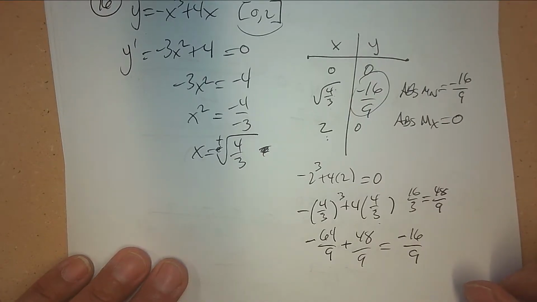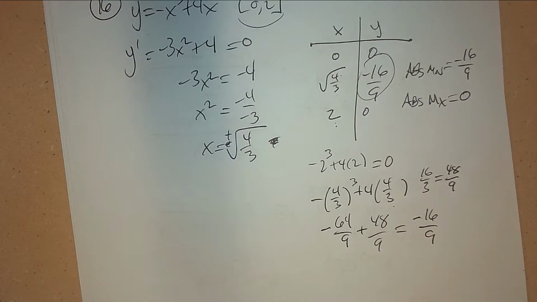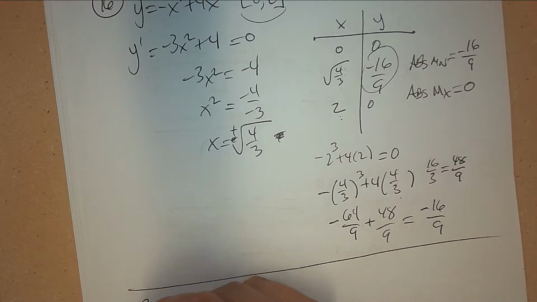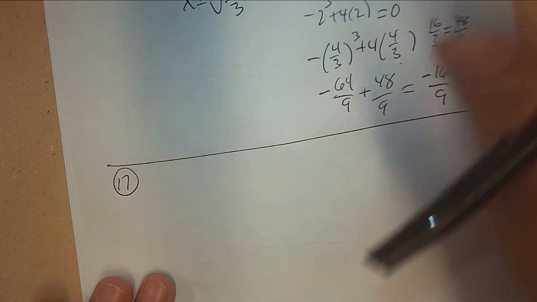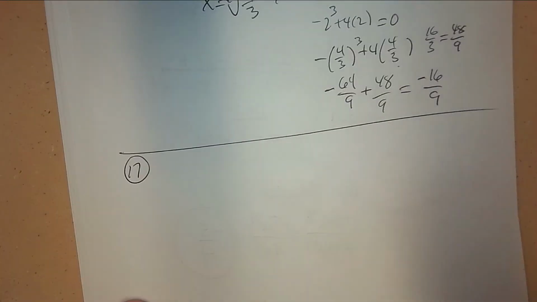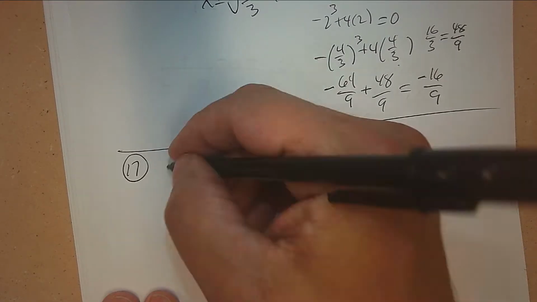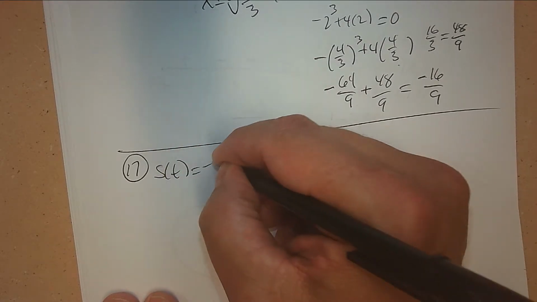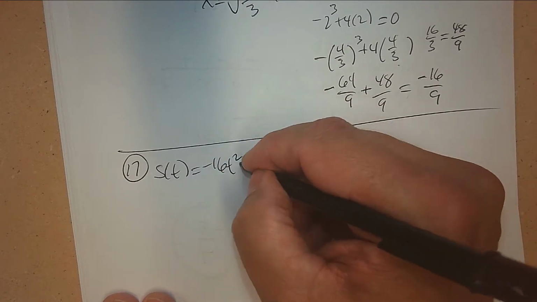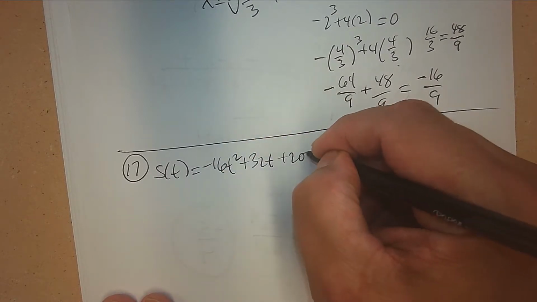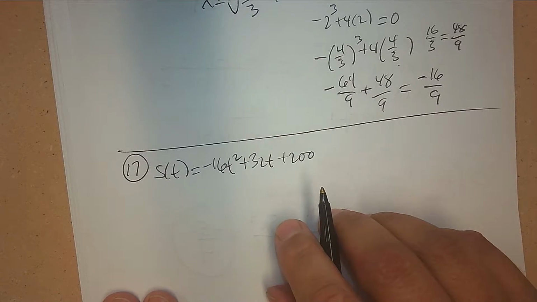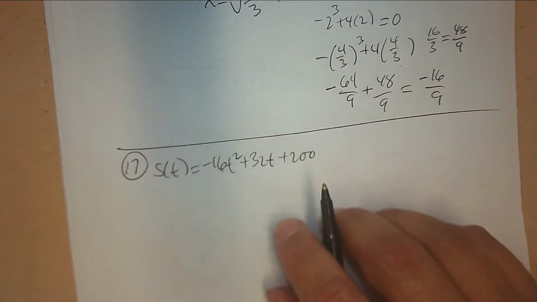All right, number 17. A projectile, press pause, and you can do it when you're ready. Press play. A projectile is launched from a hilltop, and it's given by this equation, where t is in seconds and s of t is in feet.